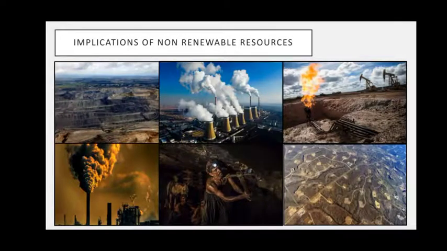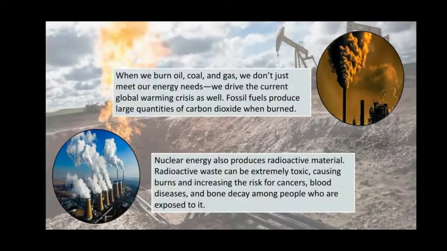The major setback of non-renewable resources, especially the burning of fossil fuels like coal and natural gas, is that they are among the major contributors of greenhouse gases. They emit greenhouse gases that can result in global warming.